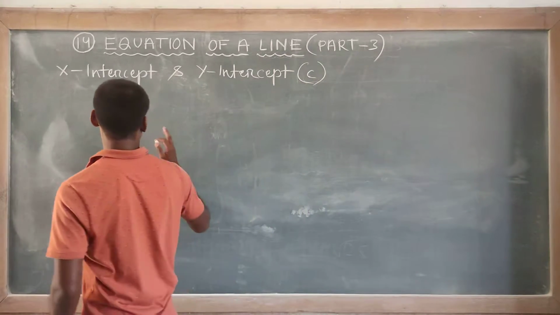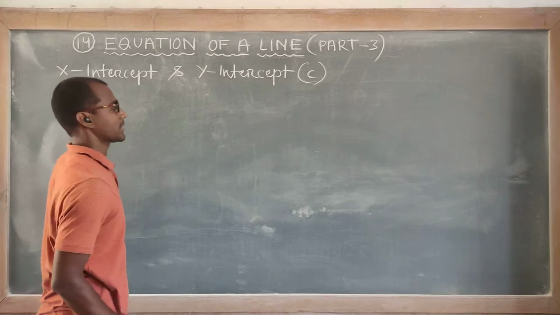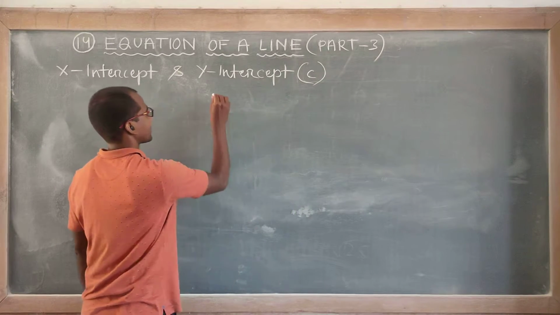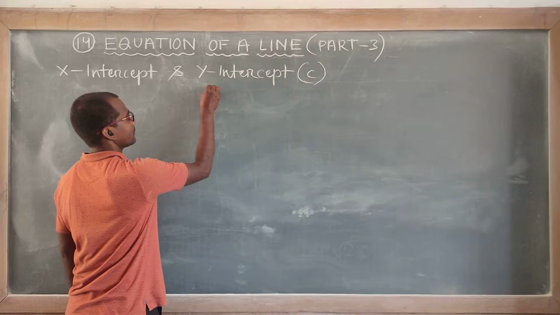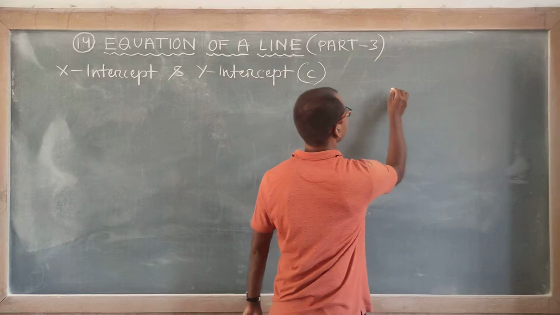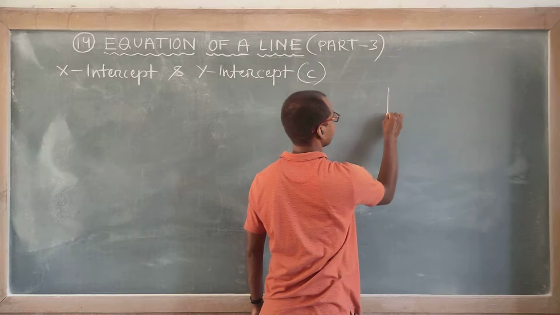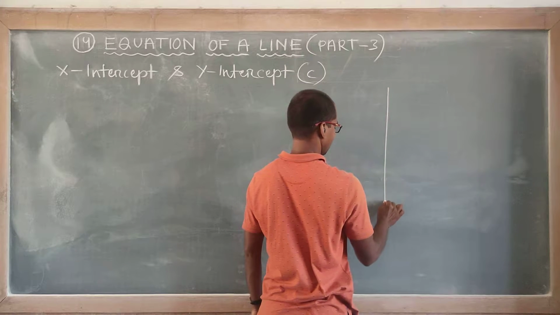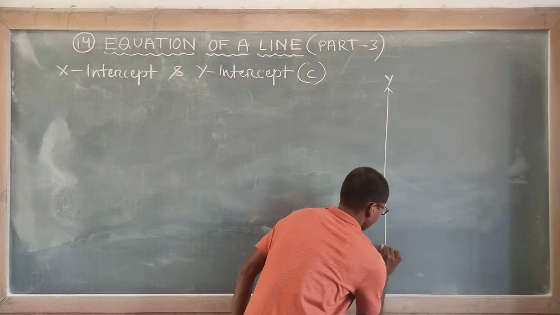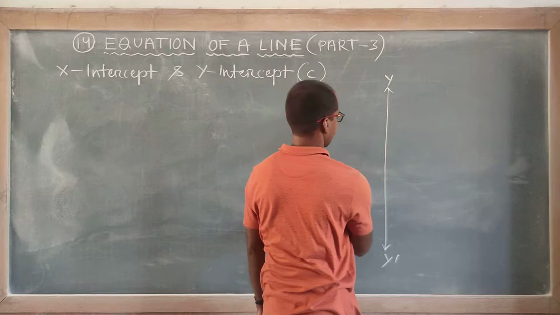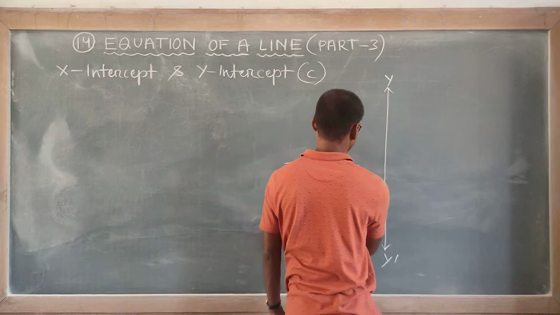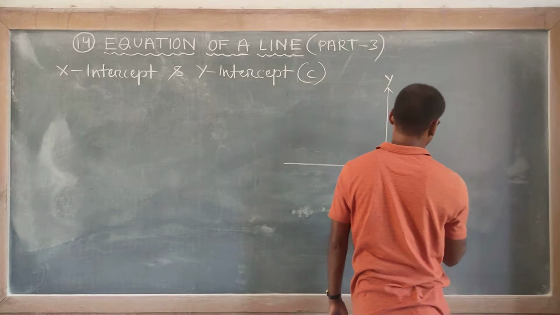Now let us understand what is X intercept and what is Y intercept. Let us draw X axis, Y axis to understand better. Suppose this is Y axis and this is X axis.